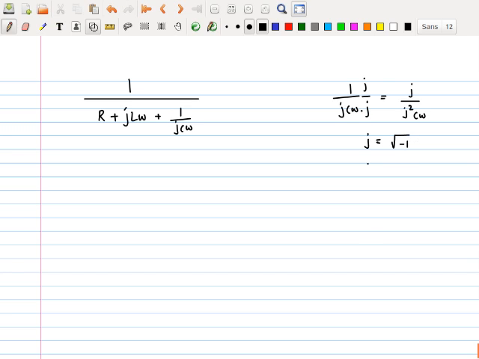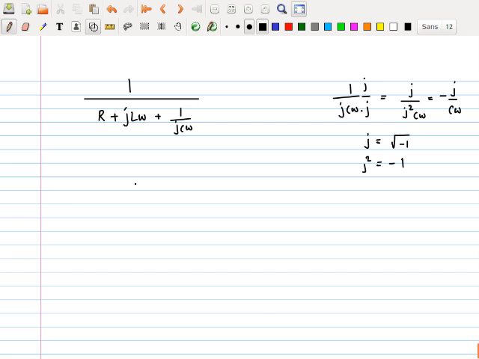In the complex number, J is equal to, or I guess in your case it was I, root of minus 1. So you got J squared equal to minus 1. If I substitute minus 1 here, that works out to be J over C omega.